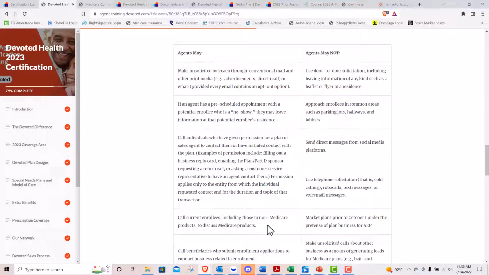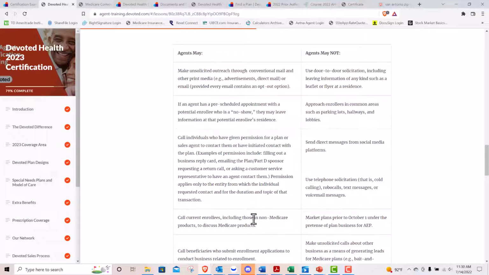And you can ask them if they have any questions about 2023. But you are not supposed to call them and say that you want to discuss Medicare products unless they contact you. Okay? Actually, I misread that. You can.